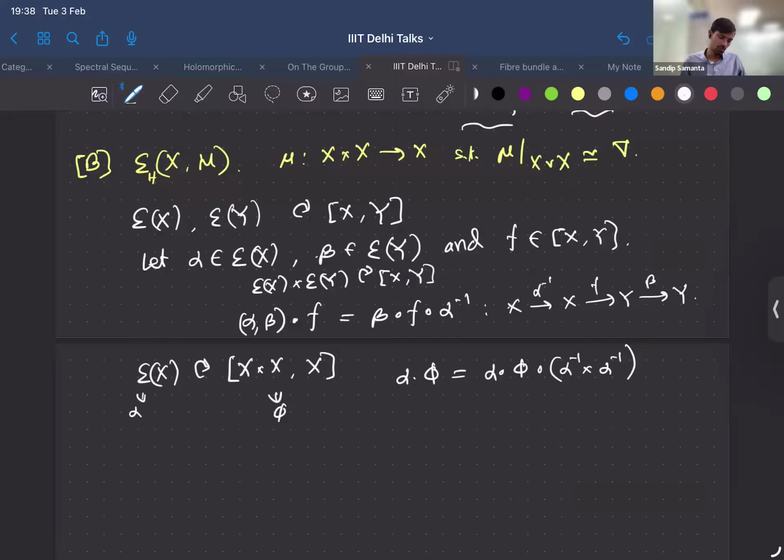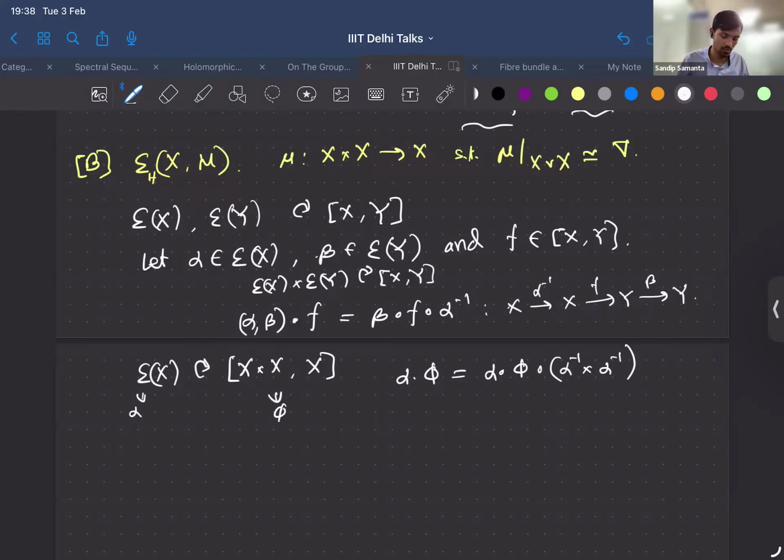So just as the previous thing, but now on x cross x, I need to act by two copies of alpha. So on the right, that is ex cross ex, and on the other side it is still just ex. So it acts like this.